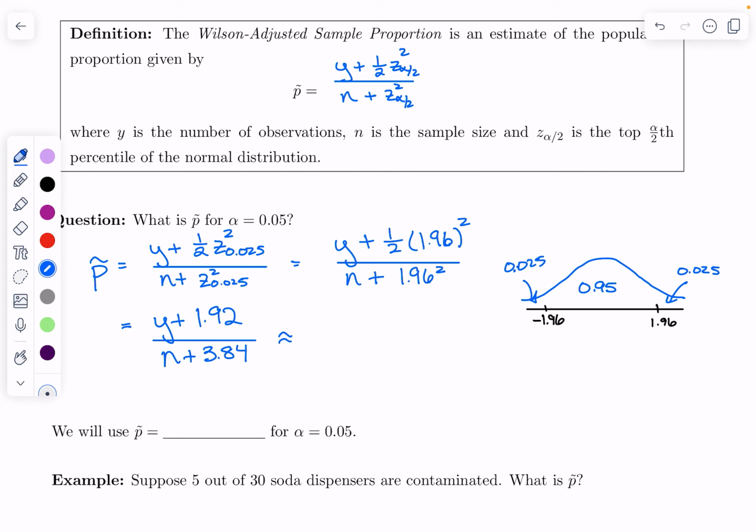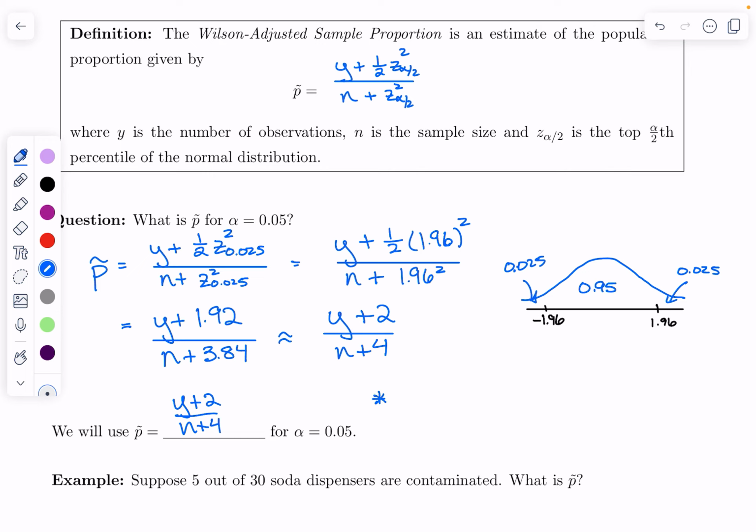Now, what is often done is that this is approximated as y plus 2, since 1.92 is close to 2, over n plus 4. And so when alpha is 0.05, we often use y plus 2 over n plus 4.